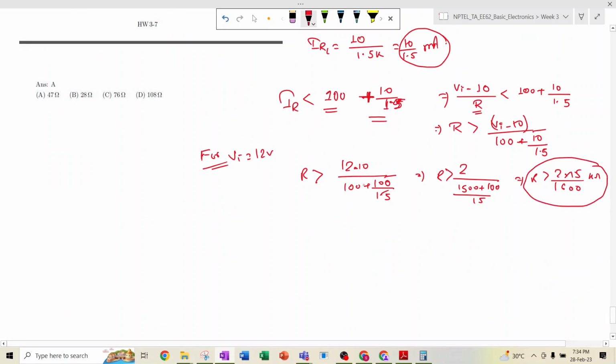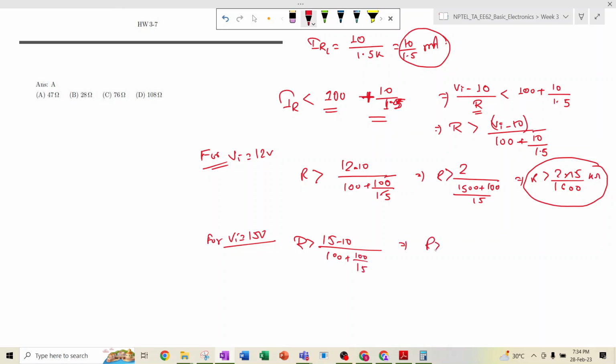In the second case, for Vi equal to 15 volt, the resistance R should be 15 minus 10 divided by 100 plus 100 by 15. That means R should be greater than 5 divided by 1600 by 15, that means R should be greater than 5 into 15 by 1600.